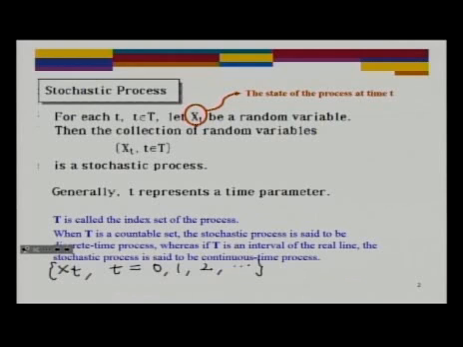So this is the discrete time stochastic process, indexed by non-negative integers 0, 1, 2, and so on. Whereas, let's say X sub t, where t is greater than or equal to 0, then this is the continuous time stochastic process indexed by non-negative real numbers. Is that right? Okay.